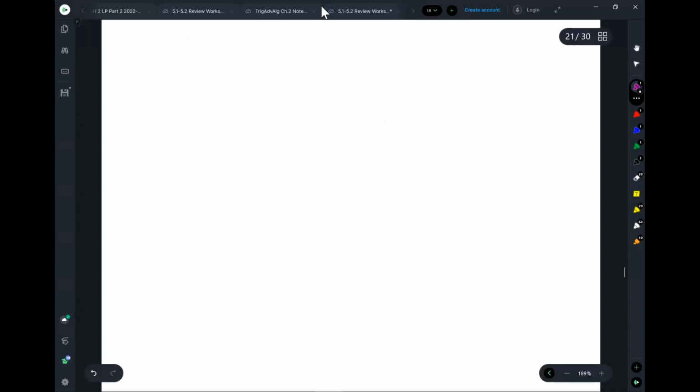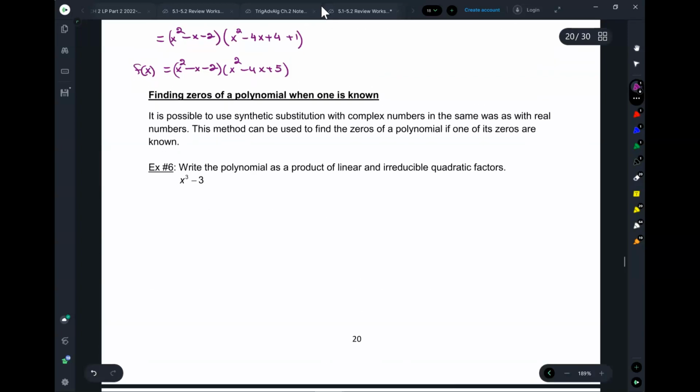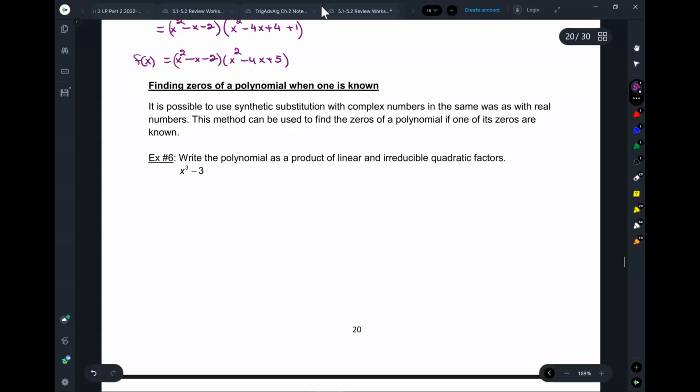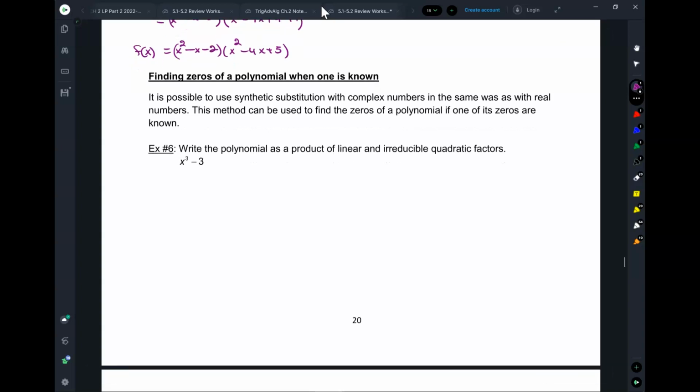Okay. Finding zeros when one is known. So it's possible to use synthetic substitution for this as well. So how do we do this? Write a polynomial as the product of linear and irreducible quadratic factors. Okay? So you take this, and this should have like a y in front of it.